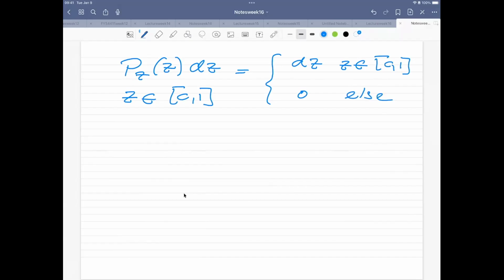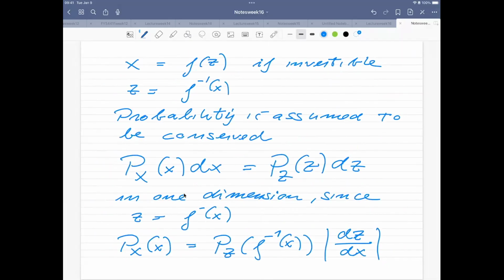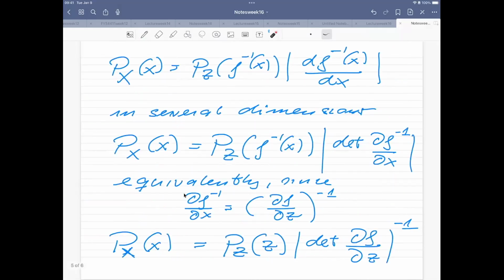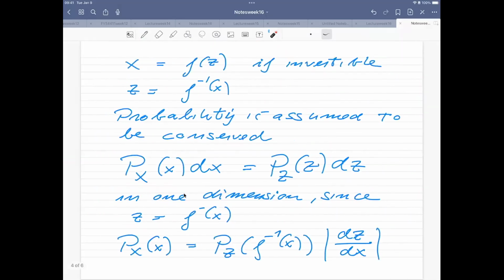Now what we would like is the relation to this function f. Let's say I don't know this function f, but I know the probabilities. Alternatively, I know this probability and that probability, and I don't know the function f.